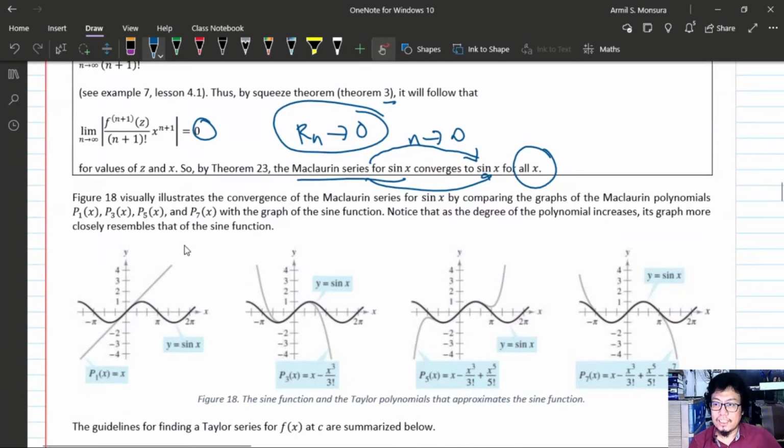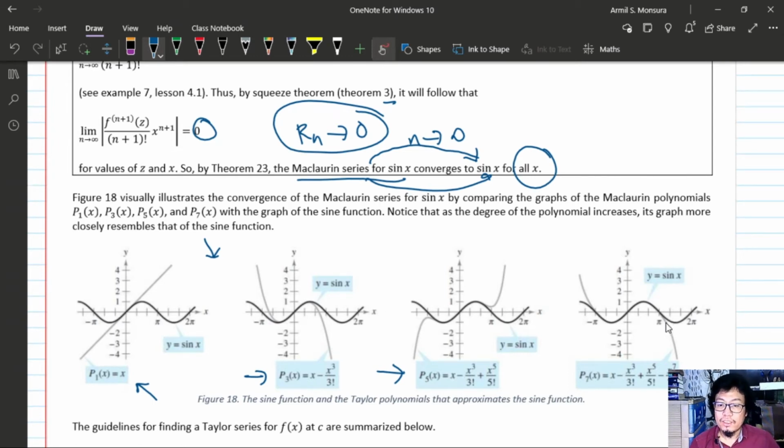Now, this is an illustrative proof of that assertion. If you graph the Maclaurin polynomials P1, P3, P5, and P7, with sine x in the black waveform, as you can see, as you increase the number of terms of your Maclaurin series, the shape of the polynomial becomes more and more that of your sine function.